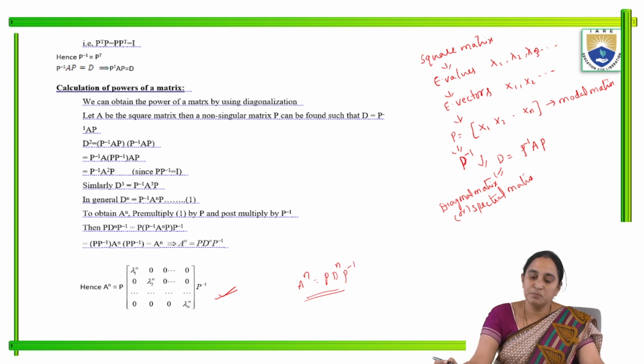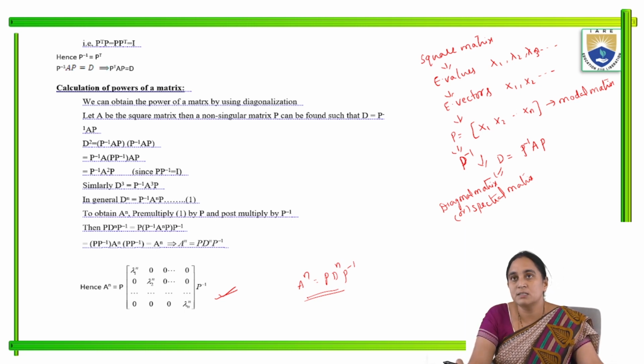Observe here, after getting this diagonalization concept, two cases are there. Diagonalization of a matrix has two types: if the eigenvalues are repeated and if the eigenvalues are distinct.